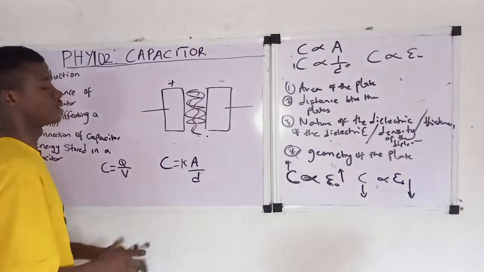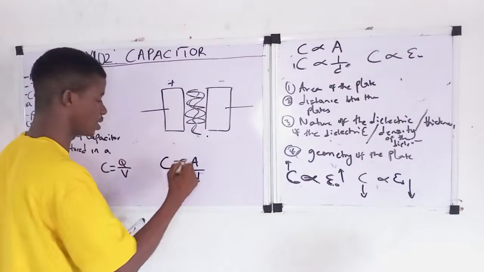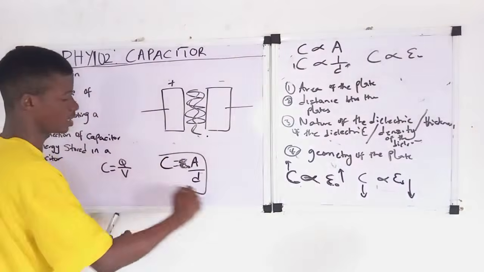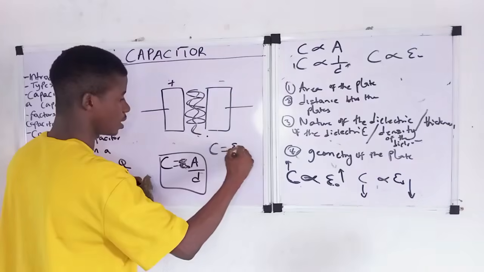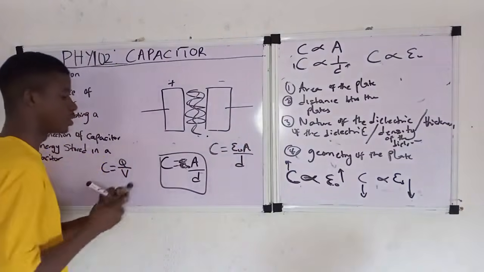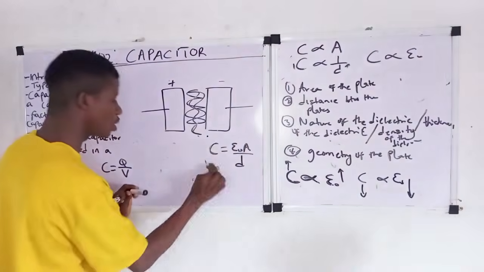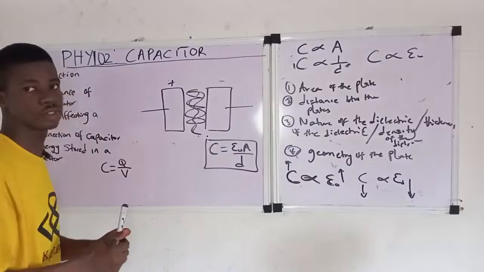That constant is known as the electric constant, E naught. So this is the formula: C is equal to E naught multiplied by the area divided by the distance. This is the formula for the factors that affect the capacitance of a capacitor.